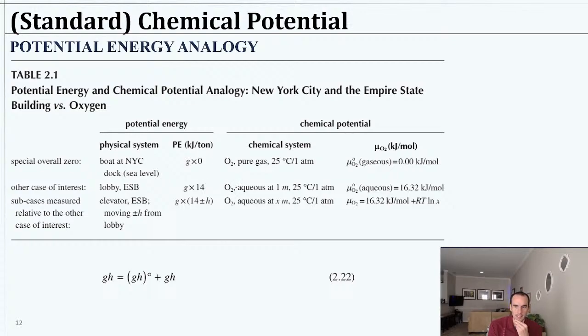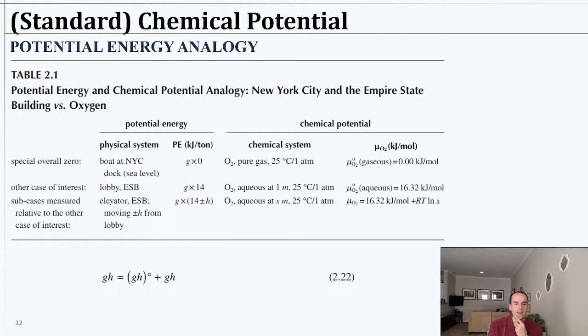This might be like taking the oxygen scenario again, but saying that this is going to be aqueous at 1 molar, 1 molal probably, if the lowercase m. And then we could define the standard energy for oxygen under those conditions. We look this up in a table and find that's the value, 16.32 kilojoules per mole.